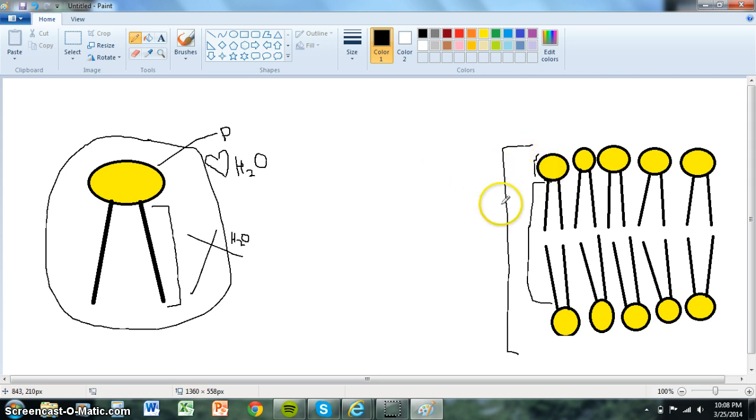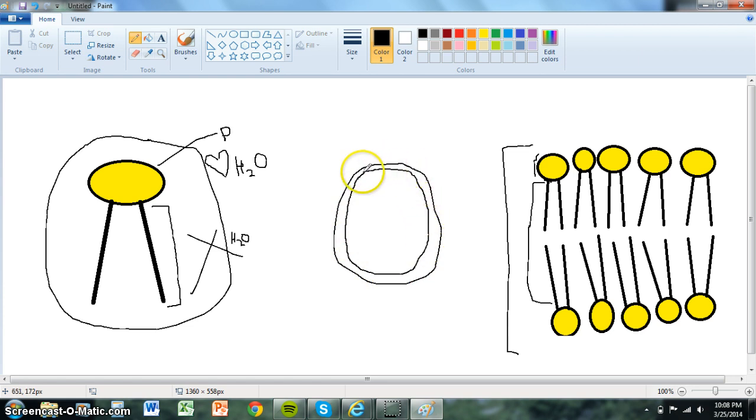So if you look at this from far away, you've got a cell right here, and I'll kind of draw the double layer right here like this. And so what you'll see is, on the outside you have a whole bunch of these hydrophilic phosphate heads, and also on the inside you do as well.